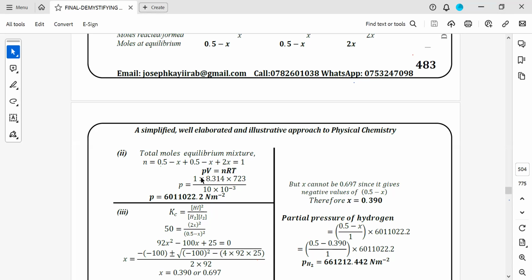And then since we have the number of moles at equilibrium, that means we can feed into the formula of PV. PV is equal to nRT.